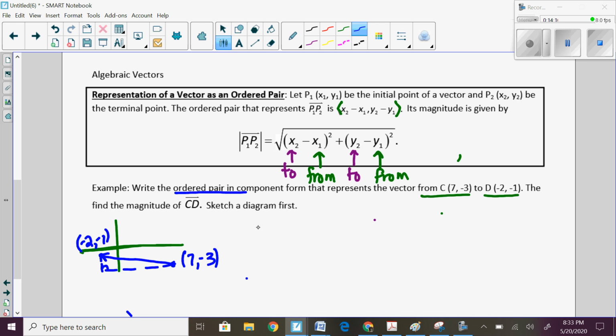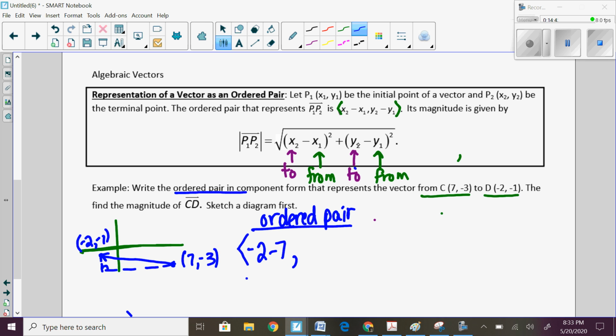Okay, so for the ordered pair, all we have to do is subtract. So notice 2 from, 2 from. So we'll put these little pointy brackets, and it goes, if we look at our x values, to -2, and it comes from 7.